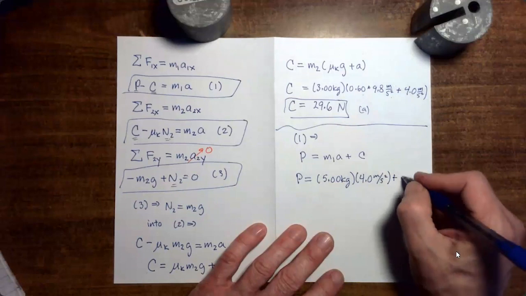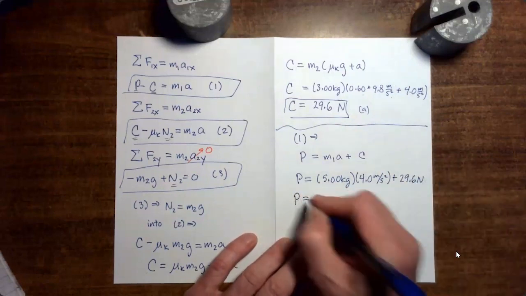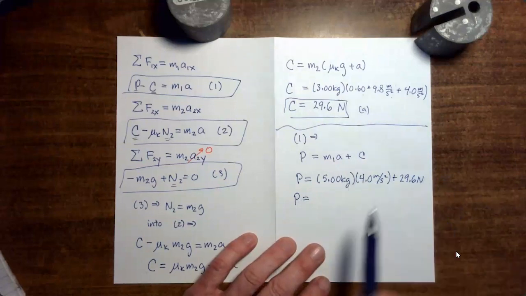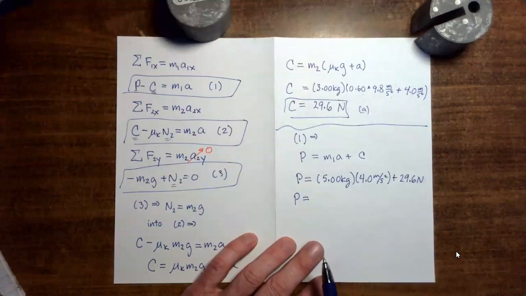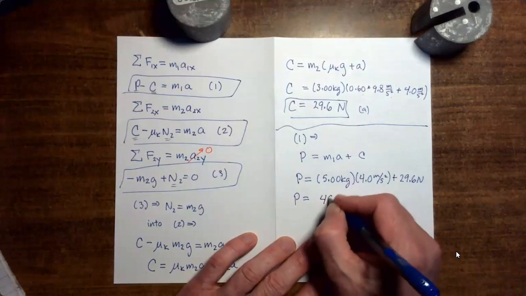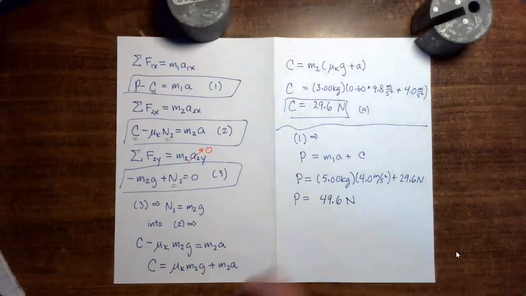C, we just found 29.6 newtons. We can do a quick unit check. This is newtons. Kilograms times meters per second squared, also newtons. So both terms have units of newtons. And if you put that in your calculator, you'll get 49.6 as the numerical value. And then the answer is newtons.